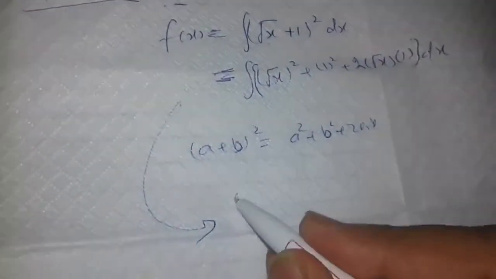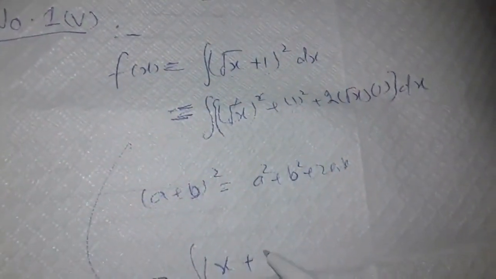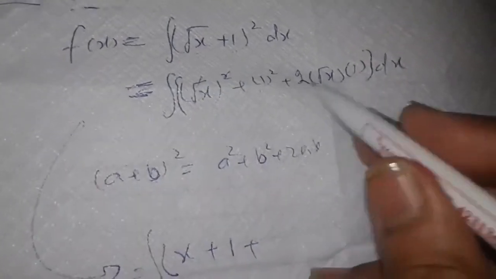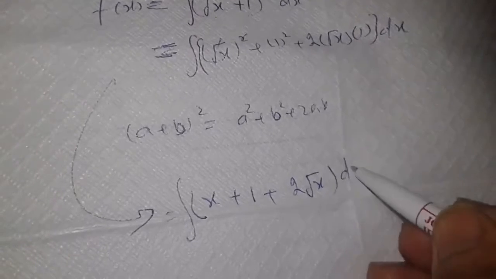And now this square will cancel out with the square root. The expression becomes x plus the square of 1, which is 1, plus 2 under root x into dx.